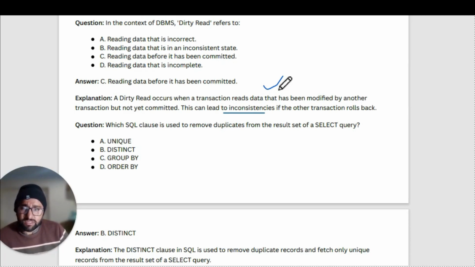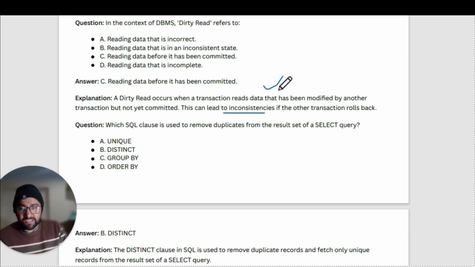In the next question, which SQL clause is used to remove duplicates from the result set of a select query? Here are two concepts you need to understand in this MCQ: the use of unique and distinct.